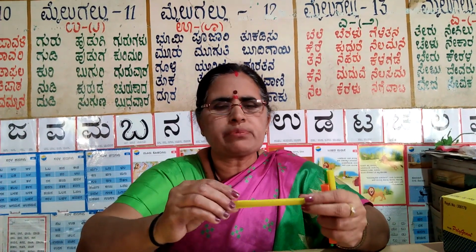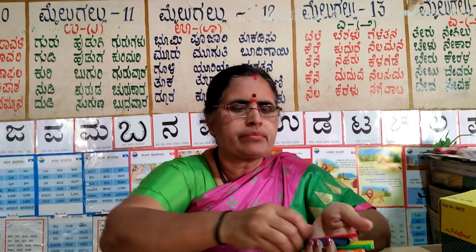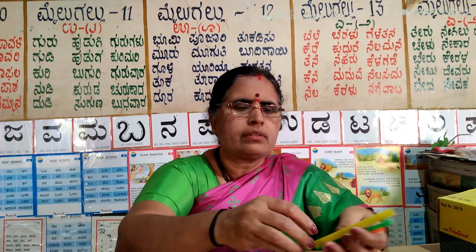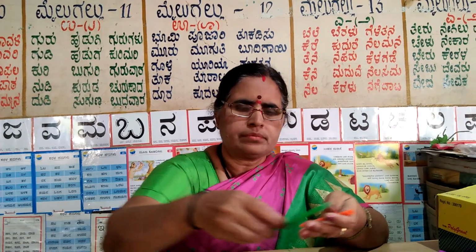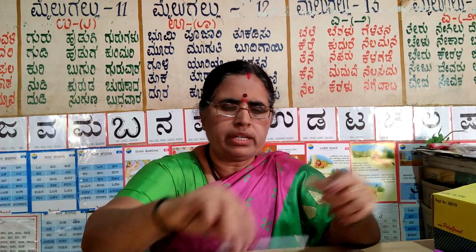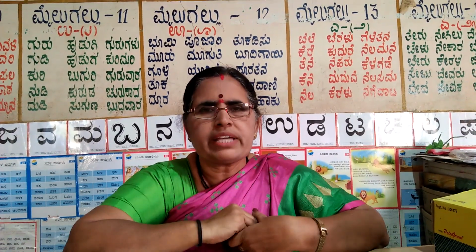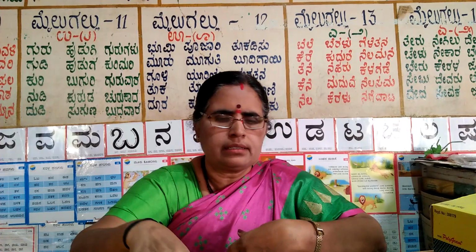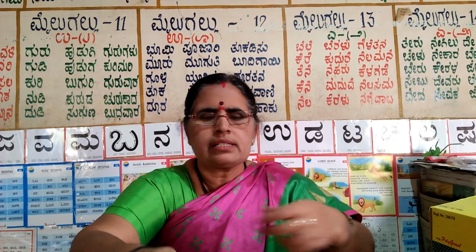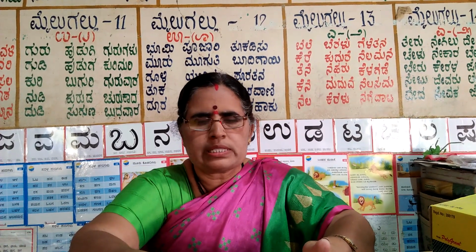So these are some of the examples for a straight line. The lines are straight and you have 2 points.